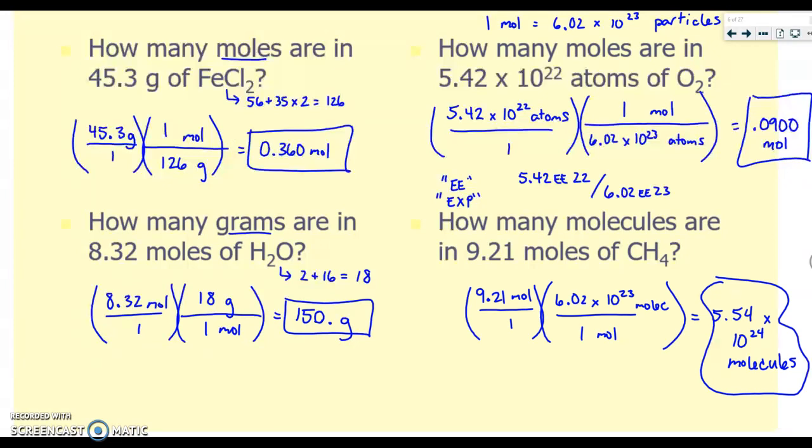So you would take 9.21 times 6.02 to the 23rd, and you should get 5.54 times 10 to the 24th. A question that I'm usually asked is, do I have to show my work this way? The answer is yes. I know that it's just multiplying and dividing, but it is important that you show your work through proper dimensional analysis.